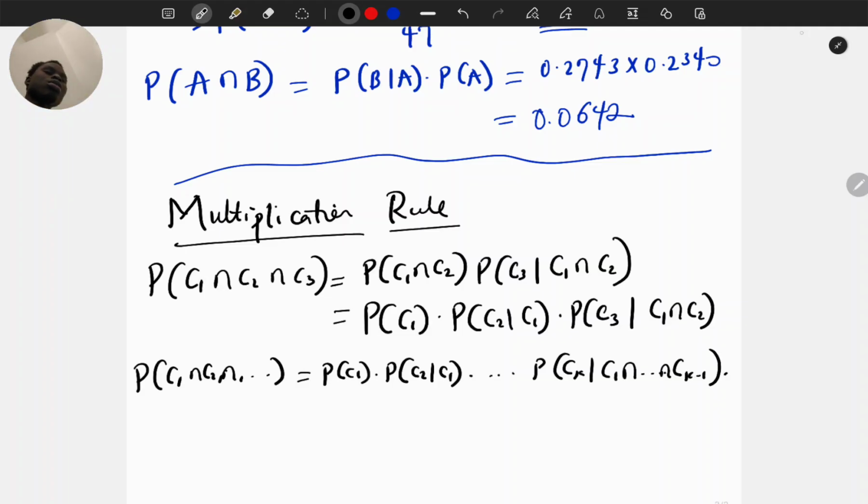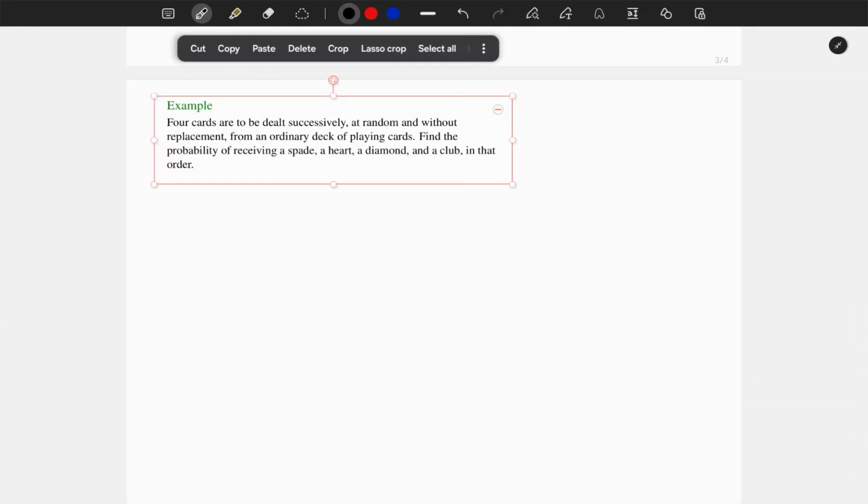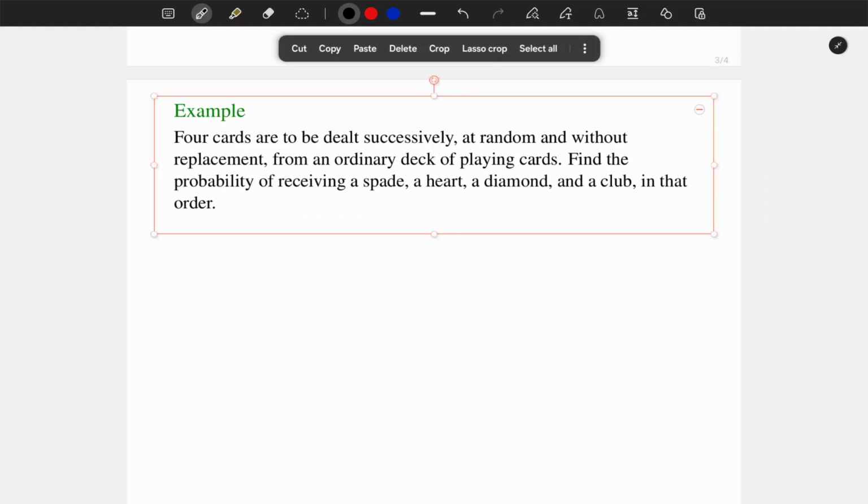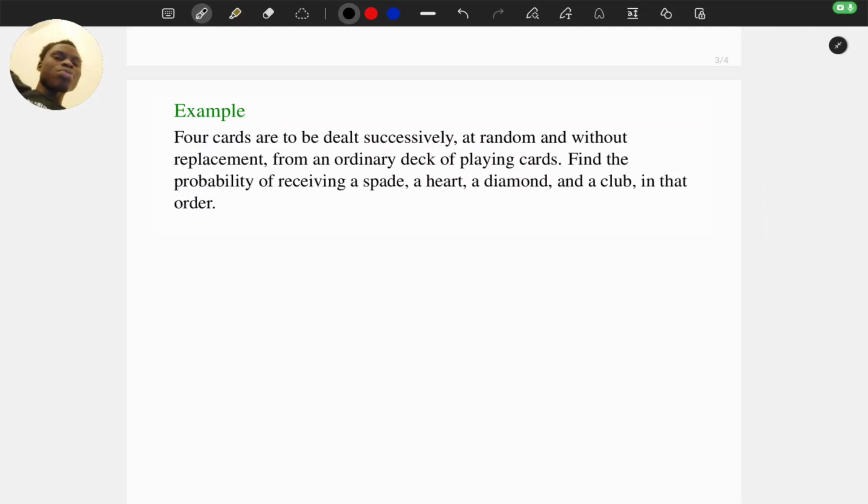Alright, so let's check this example. We have 4 cards that are to be dealt successively at random without replacement from an ordinary deck of playing cards. We want to find the probability of receiving a spade, a heart, a diamond, and a club in that order.